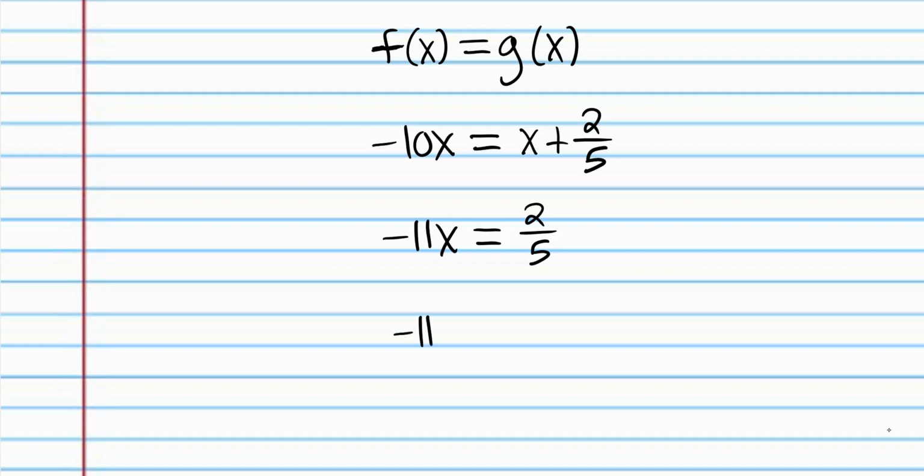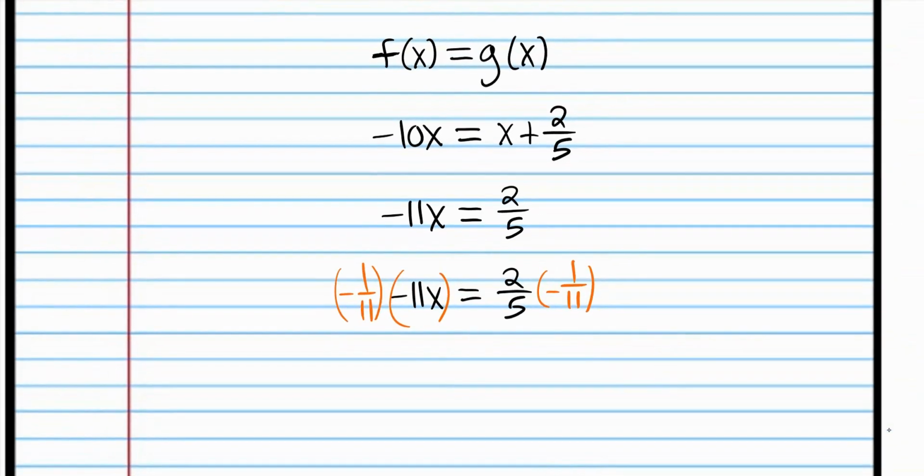But be aware that it's probably simpler to think of it as multiplying both sides by negative 1 over 11. But you have to use parentheses when we do that. So it's easier to do it this way because now we're just multiplying fractions.